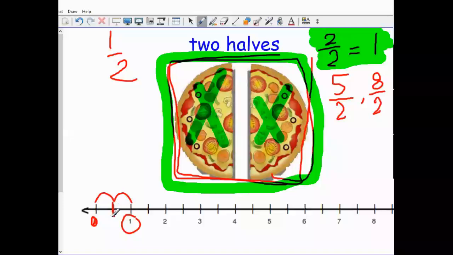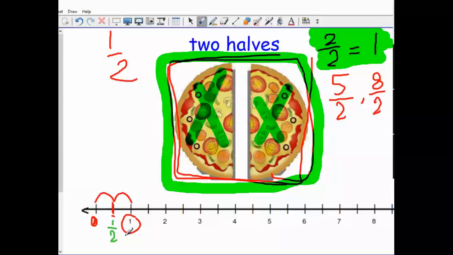This tick is the half distance between 0 and 1. So this tick is called 1 half. 1 half is halfway between 0 and 1.